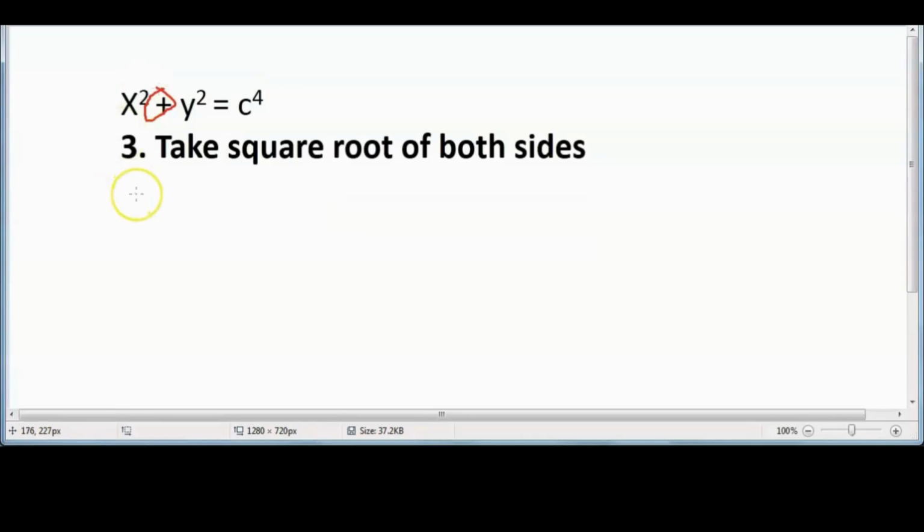That means we'll have, suppose I want to put y squared on this side, y squared plus x squared minus x squared equals c to the power of 4 minus x squared.